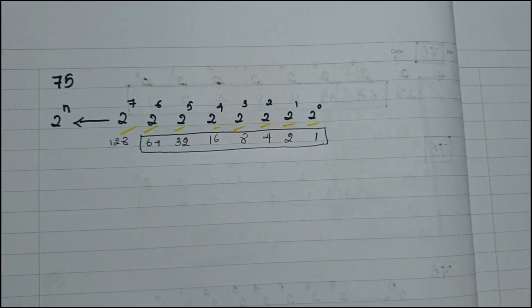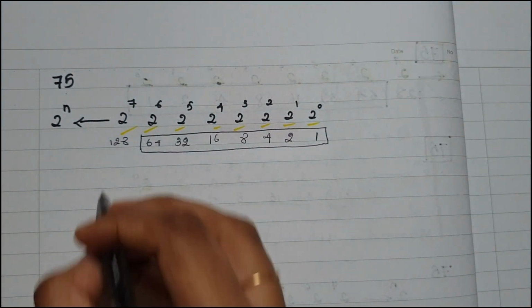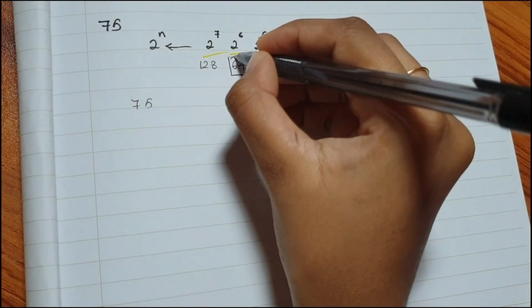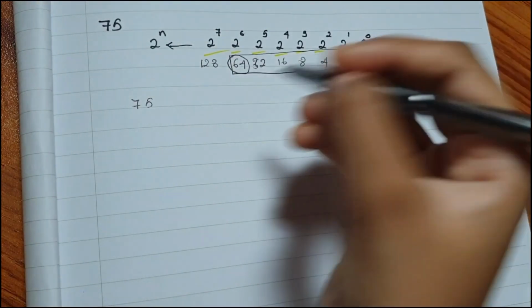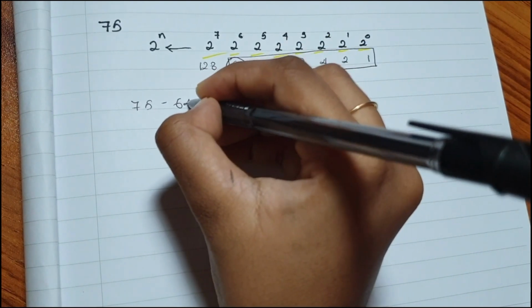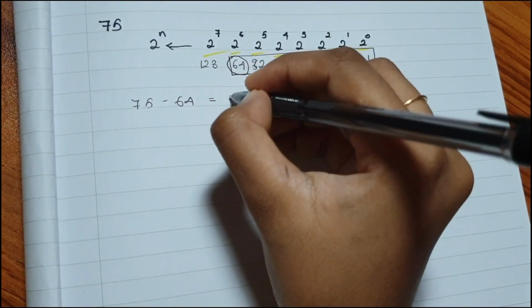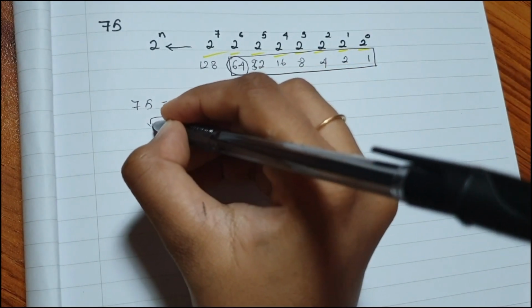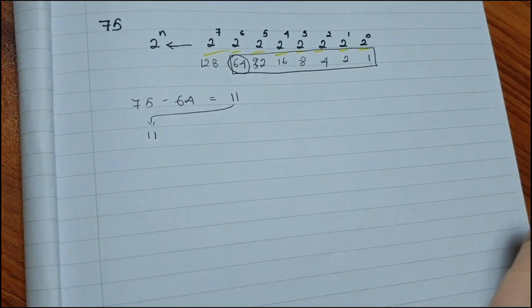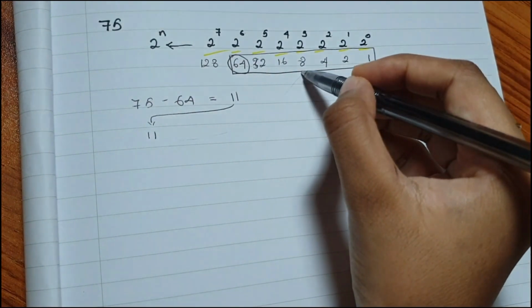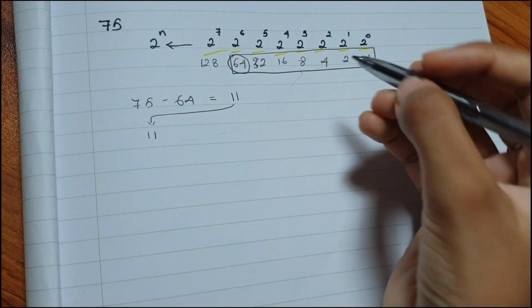Now let's see how we are going to convert this 75 into a binary number. First of all, you have to subtract this from 75. It will result in 11. Now let's take this 11 to here. Now let's see which number is lesser than 11 in this string.